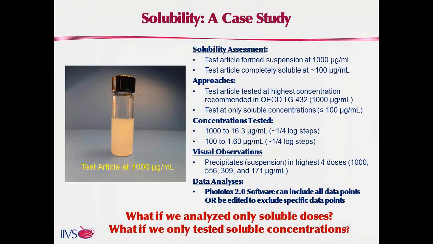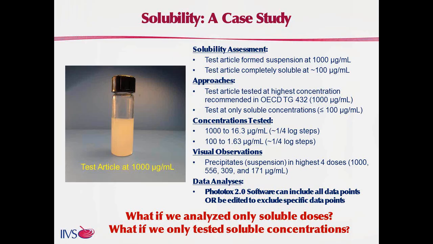The first, we could move forward, as we typically do here at IVS, with testing at the OECD recommended 1,000 micrograms per mil, or we could also look at another approach and testing only soluble concentrations. So if we tested 1,000 micrograms per mil as our highest, we'll go down to 16.3 micrograms per mil. And if we tested 100, we'll move down to about 1.63 micrograms per mil.